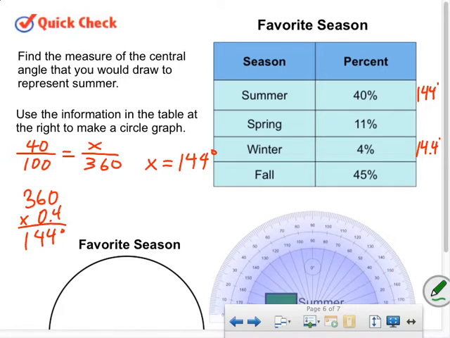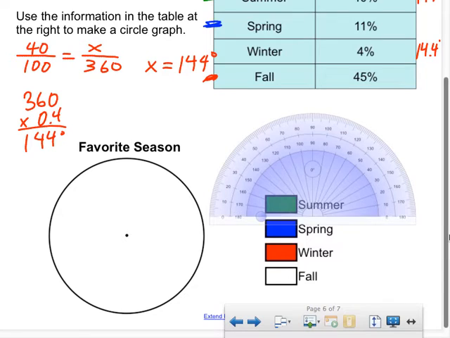And we'll color code this. Summer, spring, and then fall, and then I'll leave winter white for snow. So let me go ahead and get summer. Green, summer. Okay.